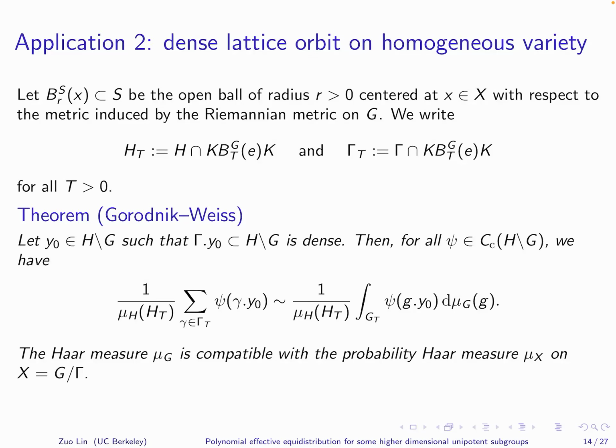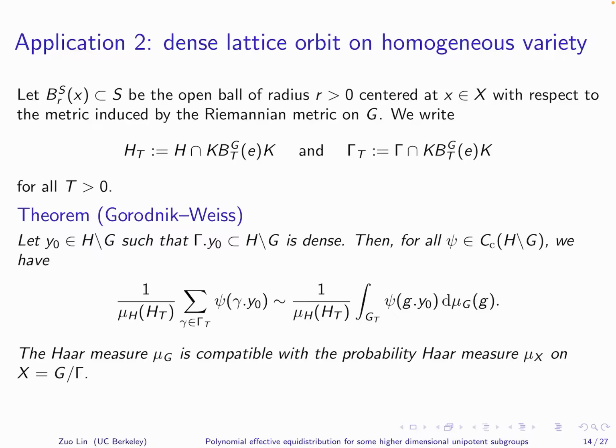I should mention that the Haar measure on G should be compatible with the probability Haar measure on X, where X is G mod gamma. And inside this theorem, you can ignore this 1 over mu H sub T. It is the volume of this ball in H, and this is the correct normalization in this setting.